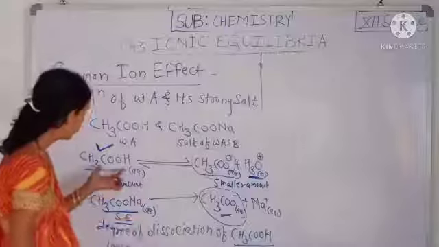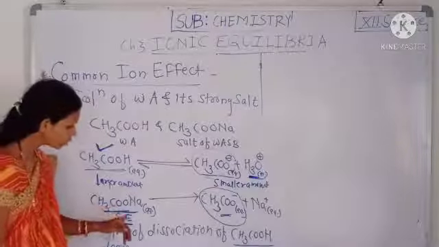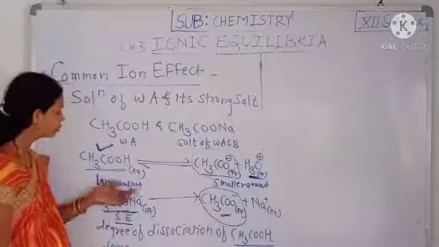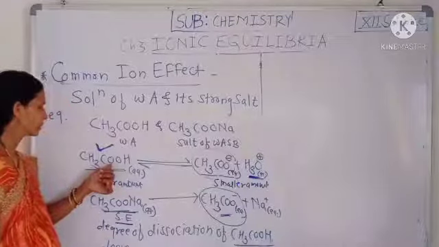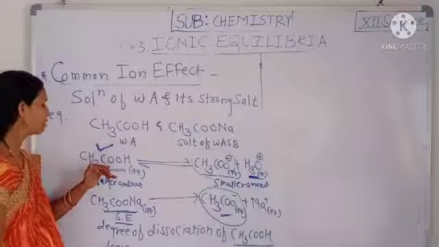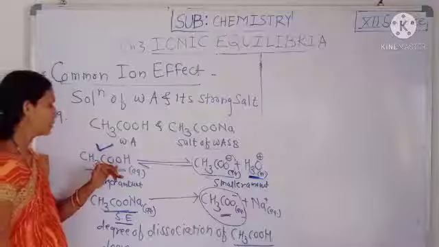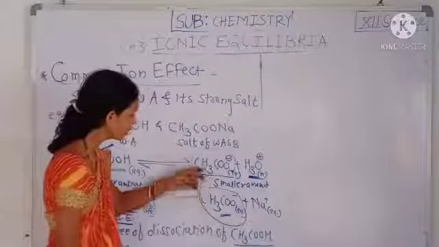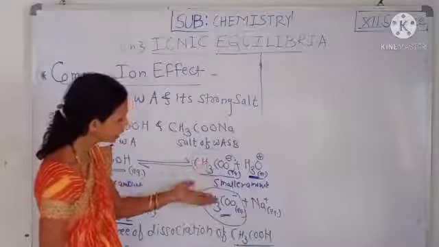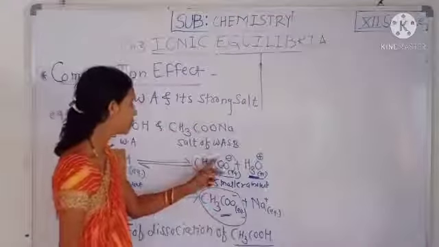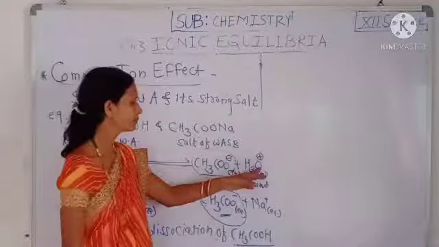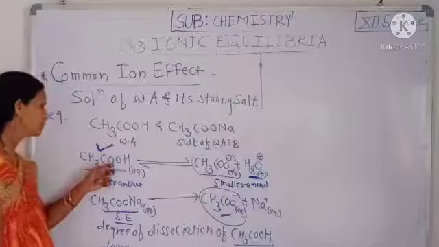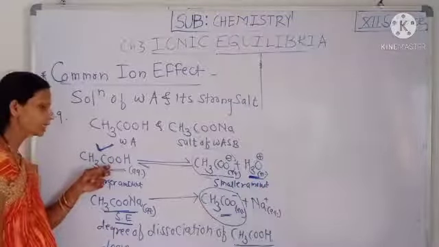When a strong electrolyte containing a common ion is added into the equilibrium reaction of a weak electrolyte containing the common ion, as the concentration of the common ion increases, this excess common ion reacts with H3O plus to give unionized acetic acid molecules.